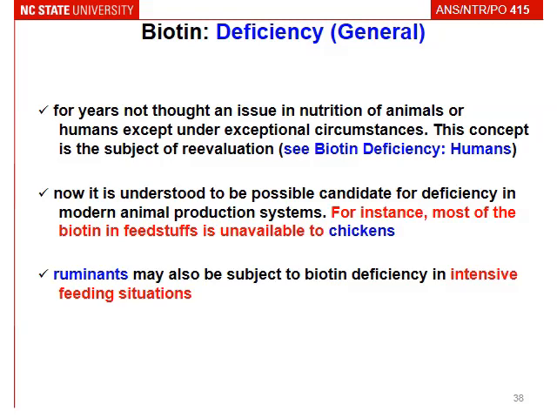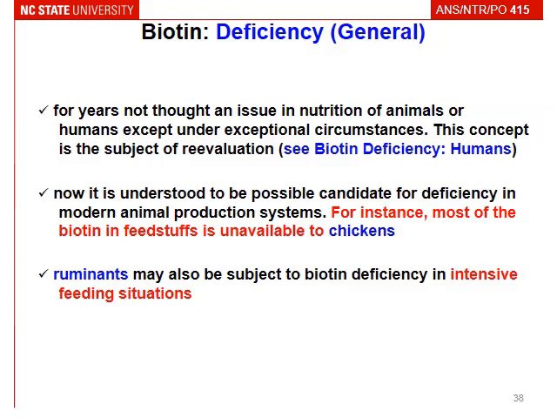So wheat, although it does have biotin, is not as bioavailable for the chickens, and the microbes are able to synthesize it. Usually we don't see it very much in ruminants, but in intensive feeding situations, we can get deficiency. In our hindgut fermenters, such as our horses and our pigs, they're able to absorb it within their distal intestine. So they're able to obtain the amount of biotin from what the microbes synthesize.